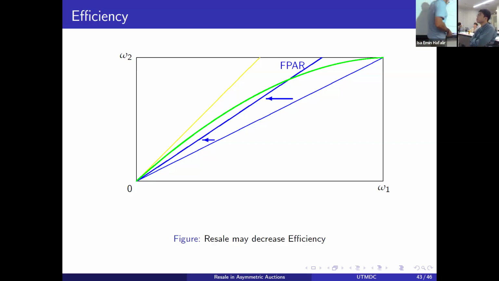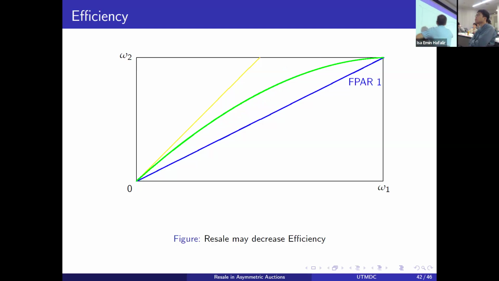So the green line is the inefficiency due to the equilibrium behavior in a first price auction without resale. And in the previous slide, this whole thing is the inefficiency due to the behavior in the first stage of first price auction with resale. This is corrected a little bit. But it doesn't go all the way down to here. It doesn't go to efficiency.